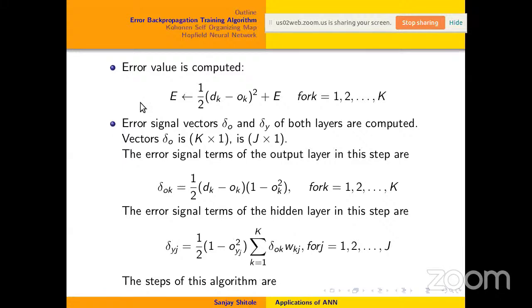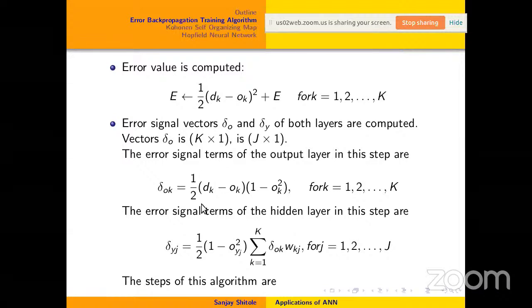Now, error value calculation. We saw such an equation in the morning: error equals 1 by 2 (d minus o) square, plus error. This is how we calculate the error value in the algorithm. Then we also studied the delta learning rule, which is somewhat modified here.